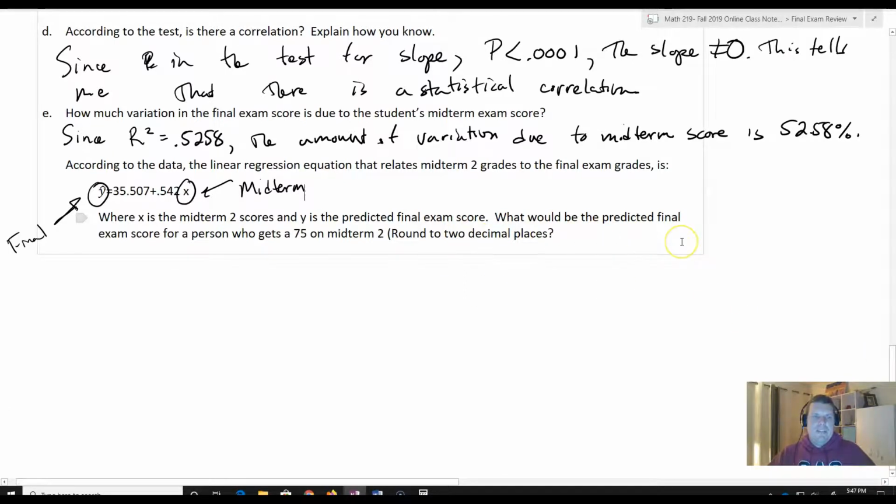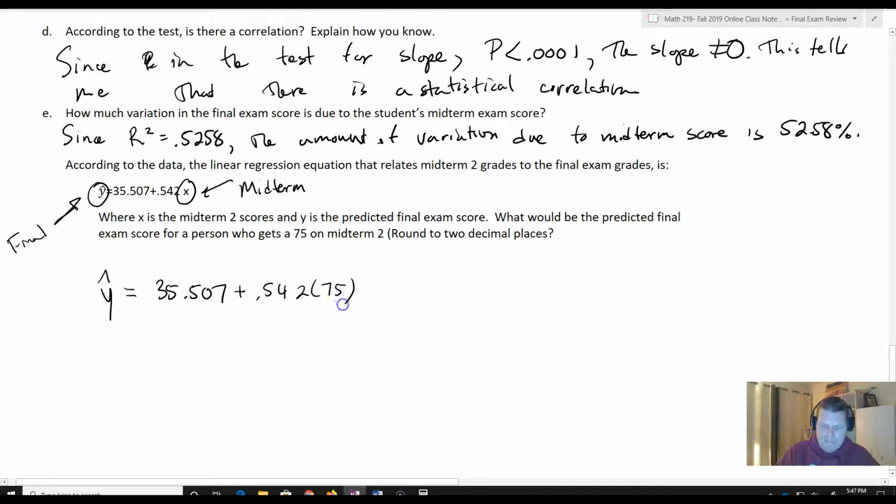So, what would be the predicted final exam score for a person who gets 75 on midterm 2? Well, what I'm going to do is my final exam score, y hat, is going to equal 35.507 plus 0.542 times 75. And I'm going to use that in order to solve.